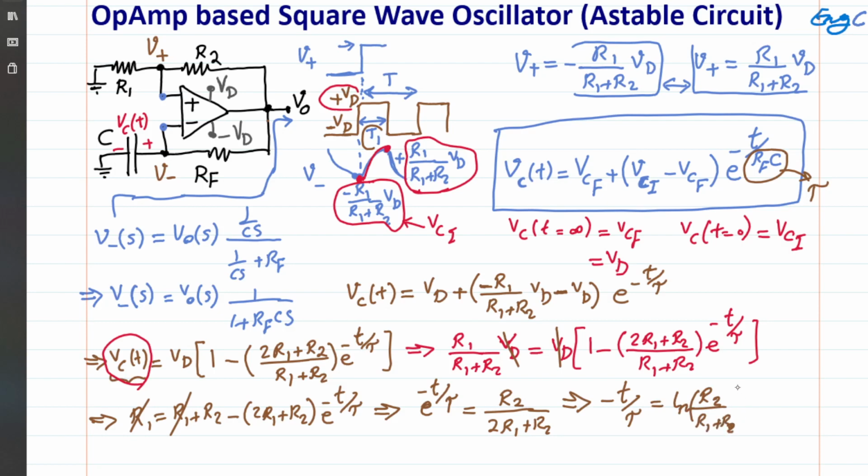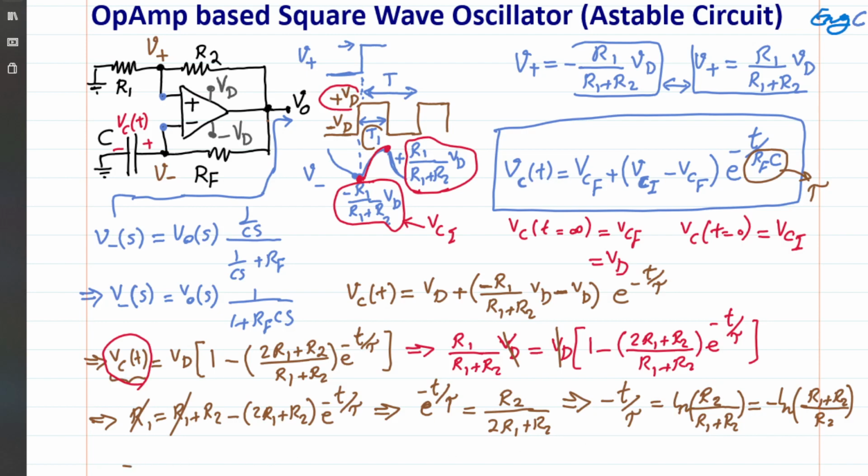I can do one simple quick trick, using which this can be written as negative ln of R1 plus R2 over R2, just swapping numerator and denominator. And now we have a negative sign here, negative sign here.